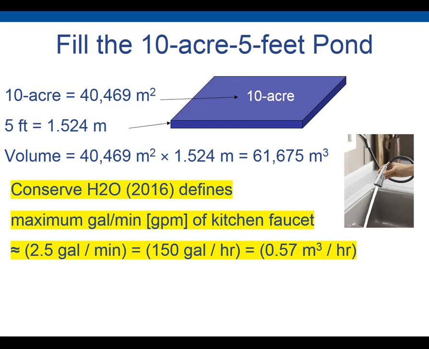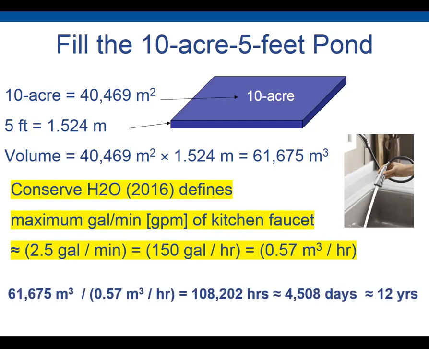So we can convert it to gallons per hour, and we can change this gallon to cubic meters because the gallon itself is a volume, right? So 0.57 cubic meters per hour. How long will it take to fill this pond? Well, we can calculate it in hours, days, and it takes around 12 years.